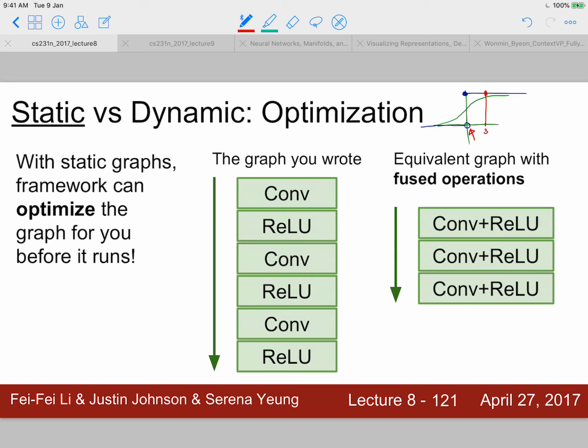So in that sense, if we set up exactly how this computational graph is connected in advance, there is some efficiency that we can incorporate, but that also has some disadvantages, right?